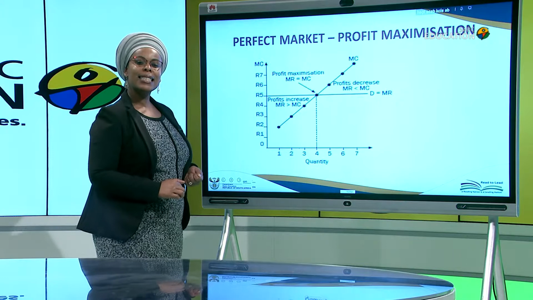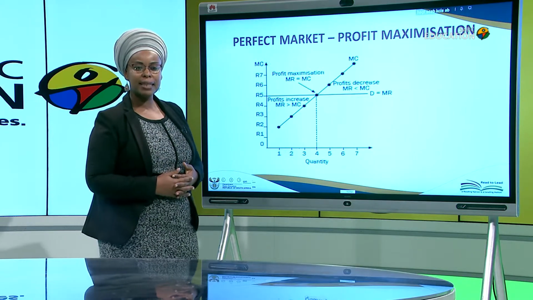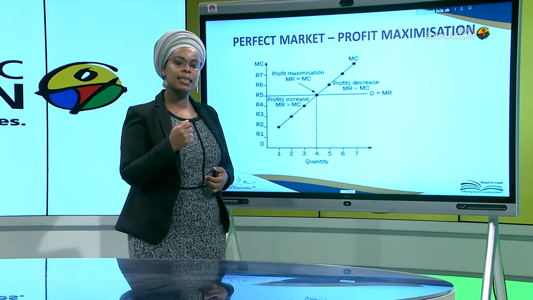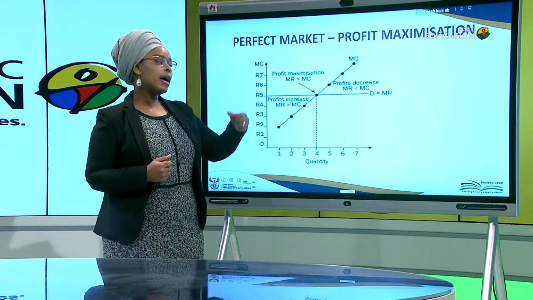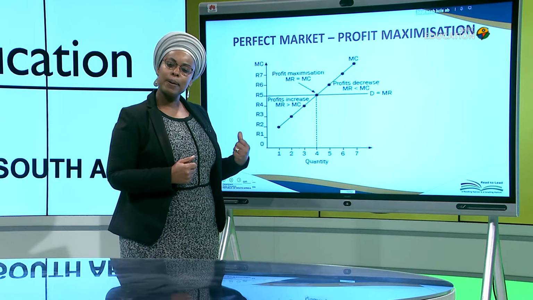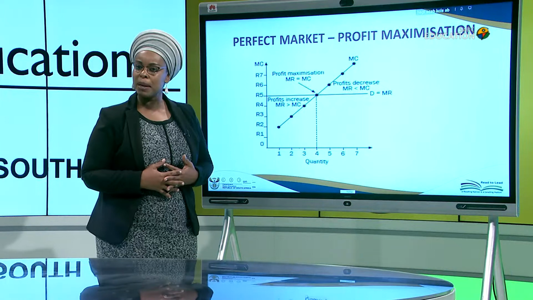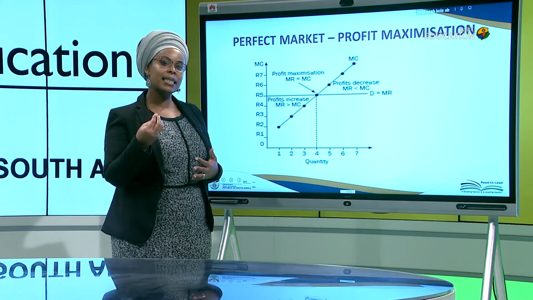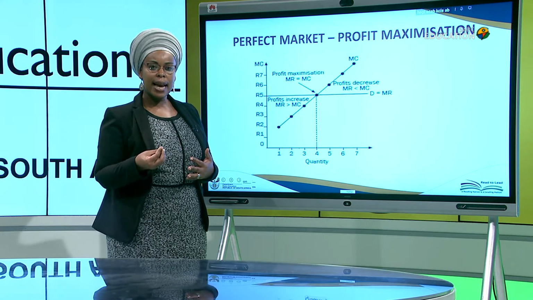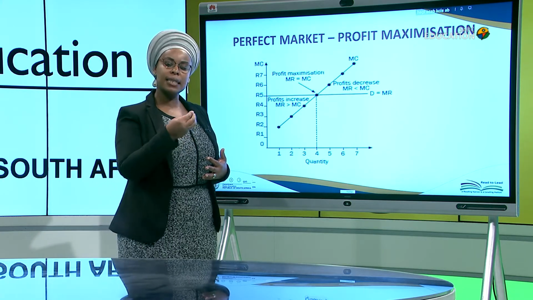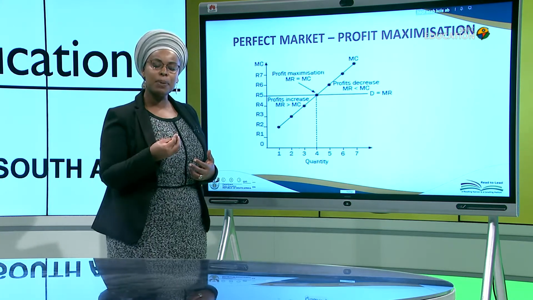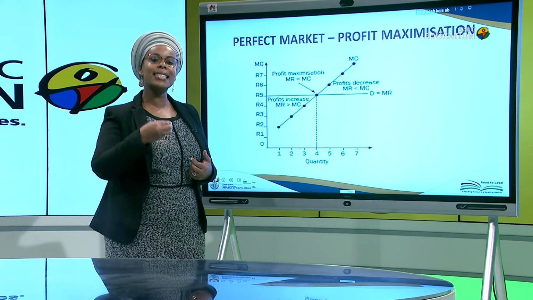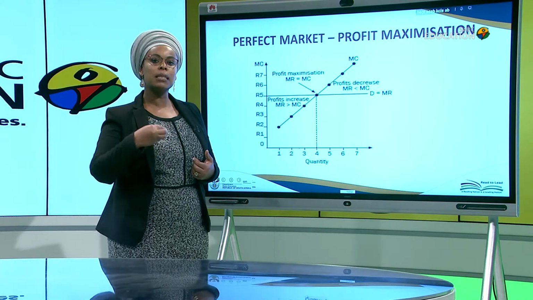First, let's start with profit maximization. With our previous lesson, you have learned that businesses in this type of market, perfect market or perfect competition, are price takers. They take the price from the market, and their demand curve is a straight horizontal line. It represents demand, it represents average revenue, it represents marginal revenue.